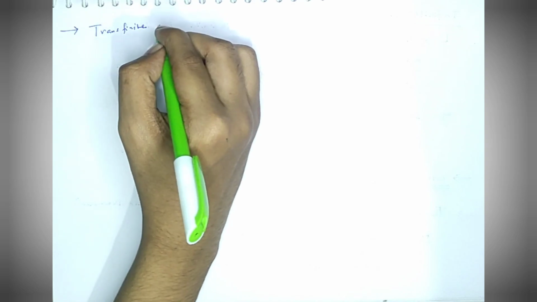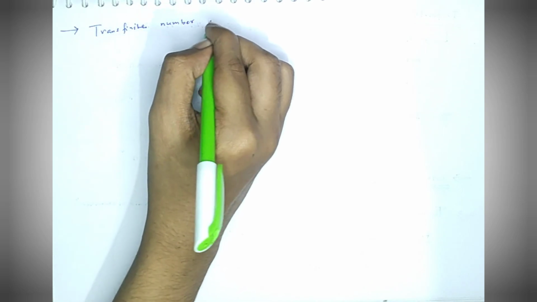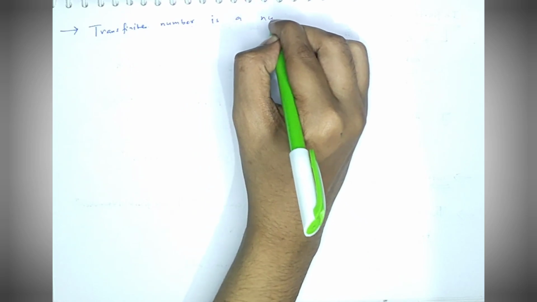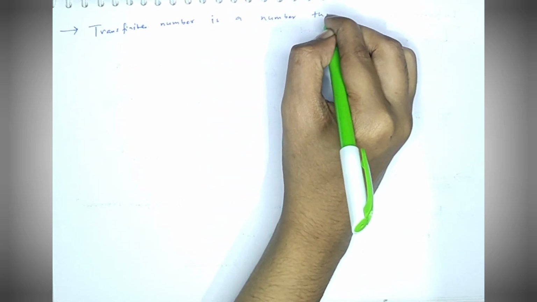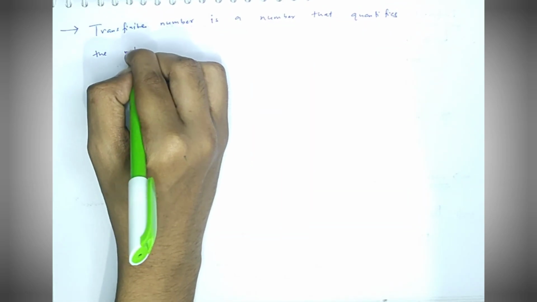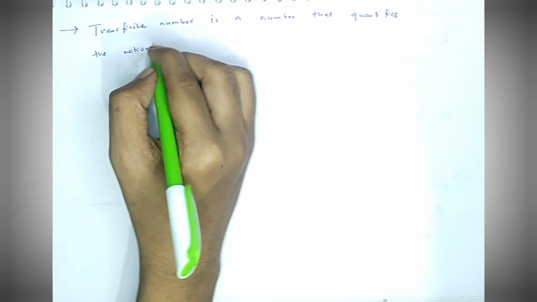So what is a transfinite number? A transfinite number is a number that quantifies the notion of infinity.